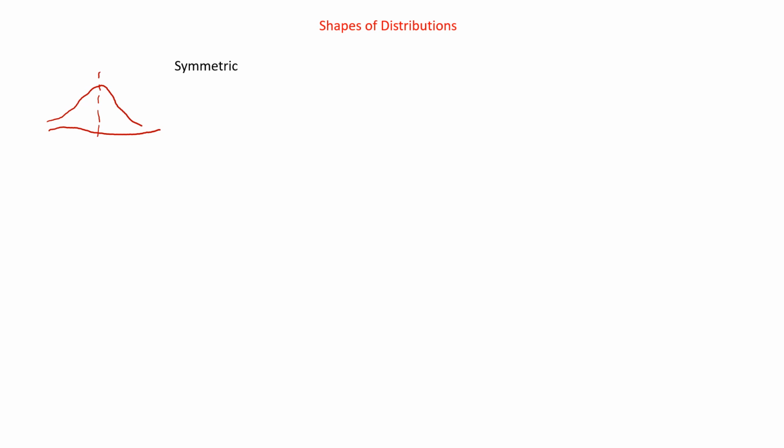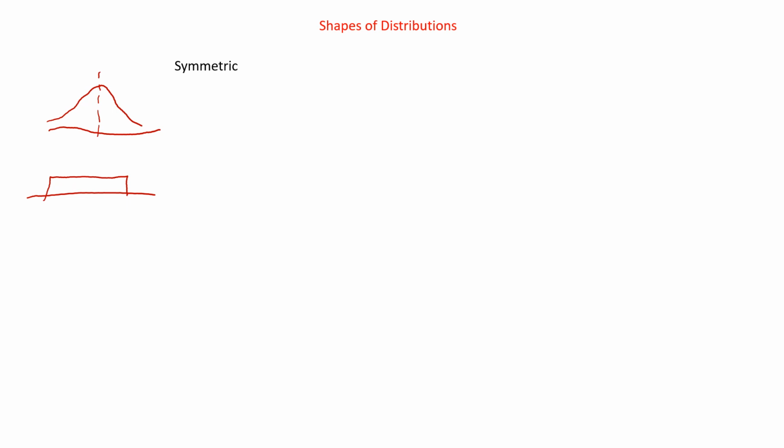Really, all it needs to be symmetric is it needs to be the same on both sides of the middle. A uniform distribution, which just looks like a big rectangle, is symmetric. This would be something we would get if we rolled dice a whole bunch of times and measured how many 1s, 2s, 3s, 4s, 5s, and 6s we got.